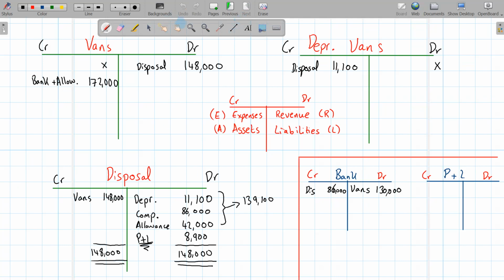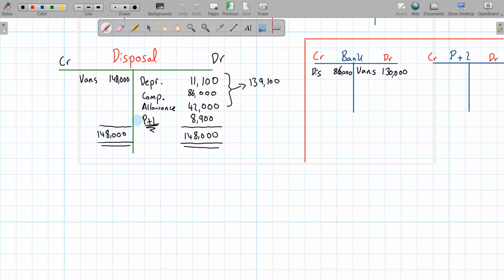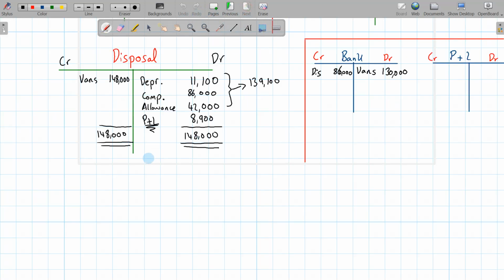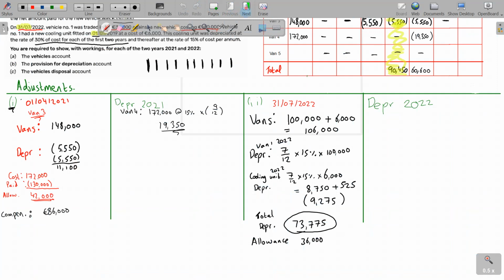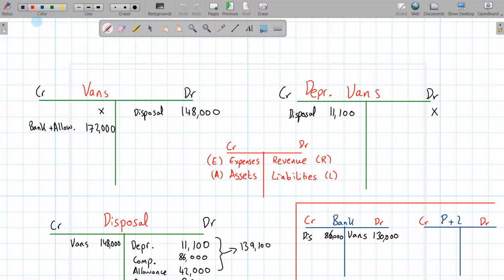So we're back at our disposal account. We said the cost of the cooling unit and van 1 was 106,000. So 106,000 is coming from our vans account. So the double entry is going to be here.